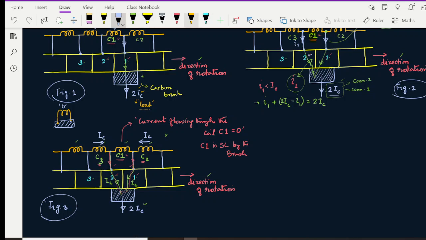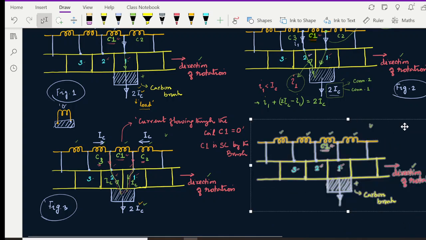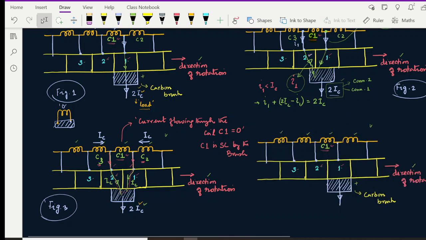Still, we retain the current delivered by the machine as 2 IC at a given brush, and this 2 IC is coming from C3 and C2. The next interesting part comes in figure 4. Let us look at figure 4 more closely. Let me mark this as figure 4.